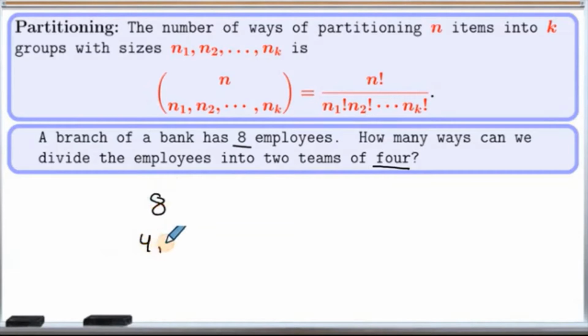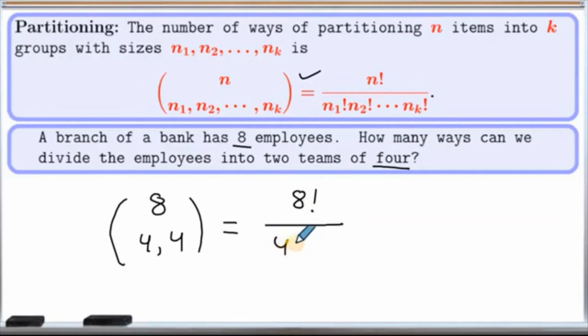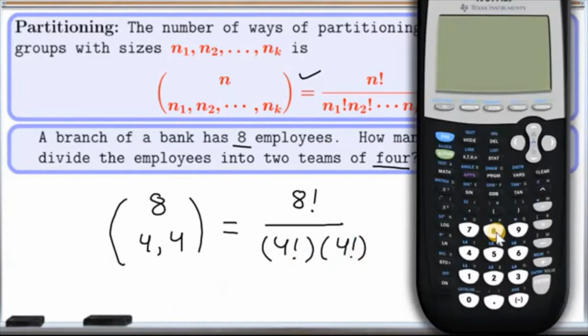8, 4, 4. So from this definition, this is equal to 8 factorial over 4 factorial times 4 factorial. So let's try to put this in a calculator. Punch in 8, go to math, then go to probability, come down to number 4, then hit enter.